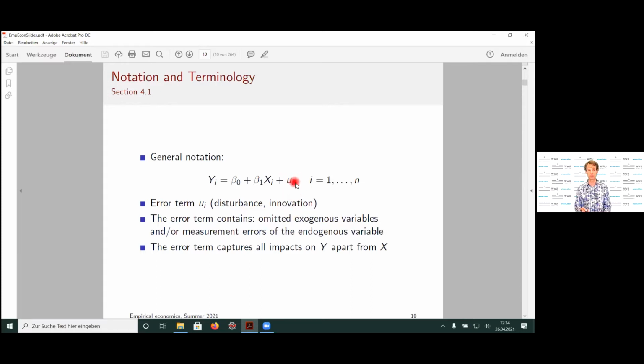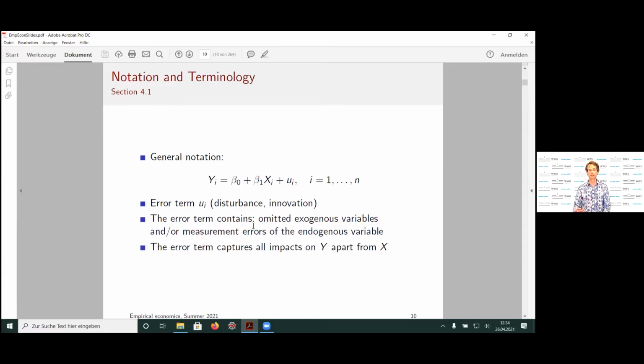And later on, we will see that that could be a serious problem if we are interested in causal effect measurement. So the error term is relevant because it captures the omitted exogenous variables and, of course, measurement errors.